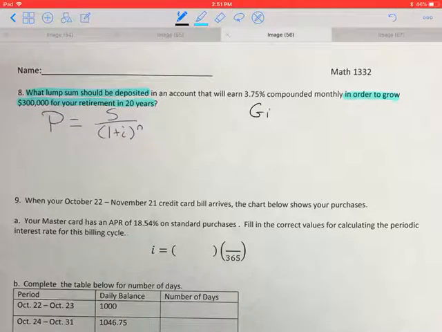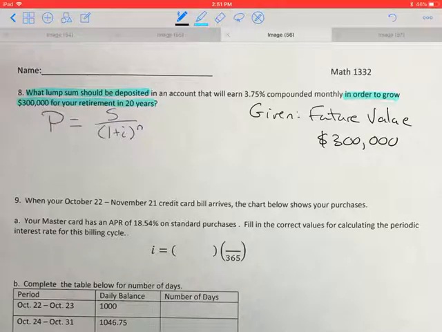So notice what we're given is the future value. We want our money to grow to be $300,000, right? That's not what we have now, that's what we want to have in 20 years. And so what they're asking us for is P.